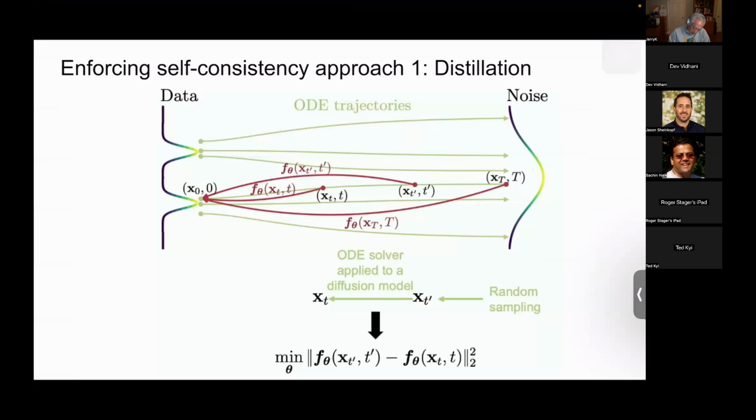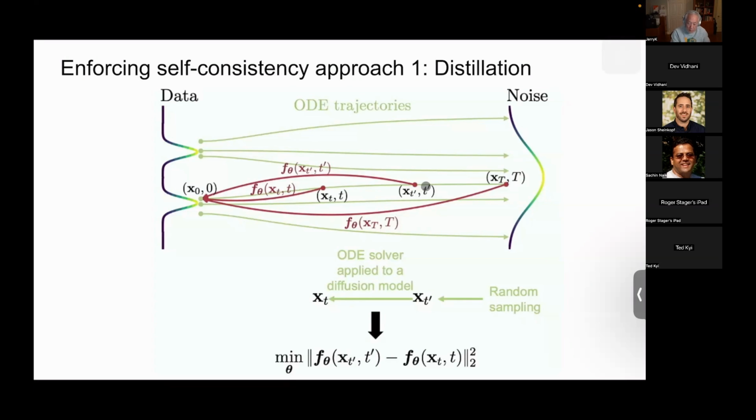It is an approximation, of course, but in the distillation approach, they start with a pre-trained diffusion model and apply distillation to it, where they use the numerical ODE solver to define all the trajectories in the pre-trained diffusion models. So you already have a pre-trained diffusion model which can define the trajectories, and then they leverage that to define your function.